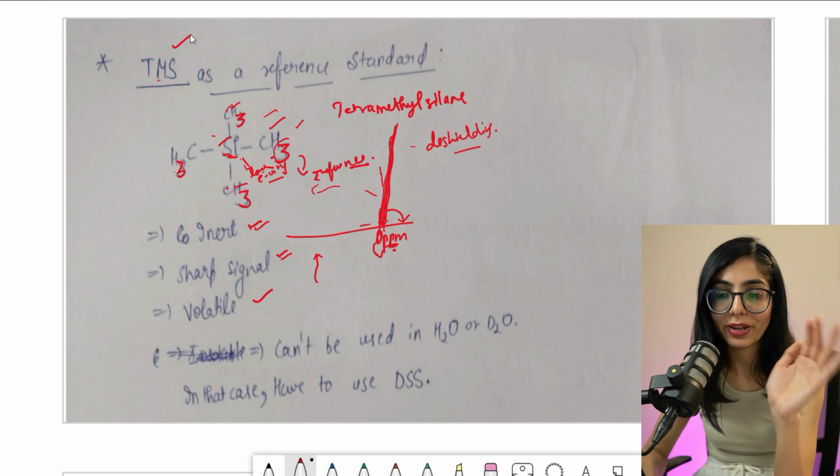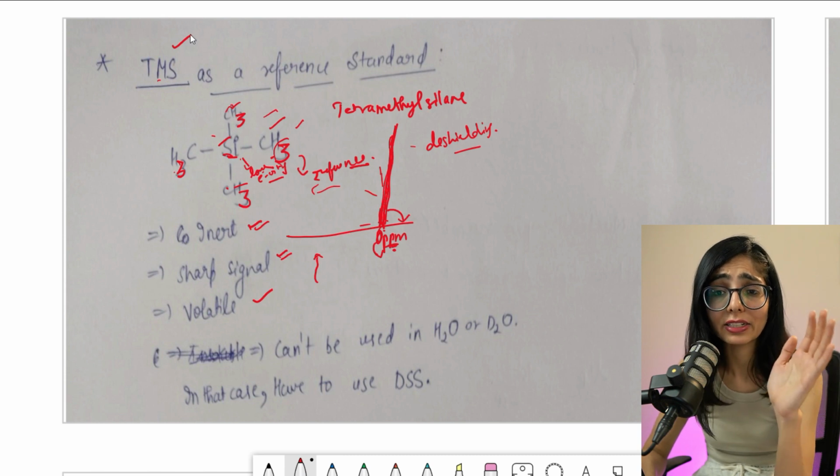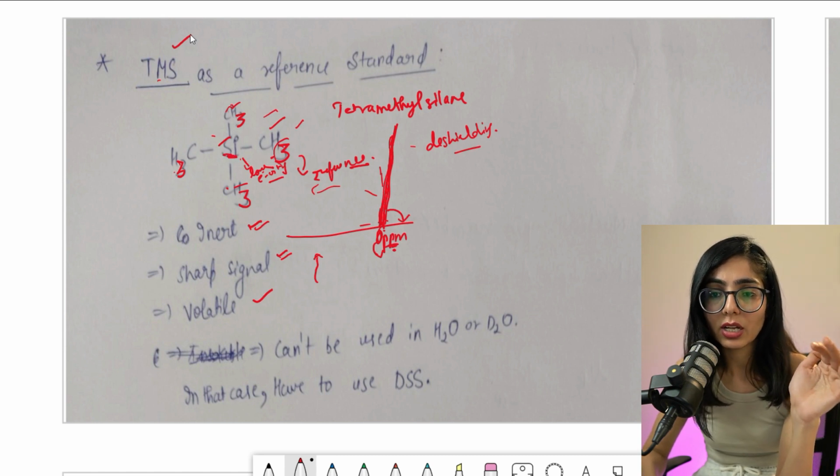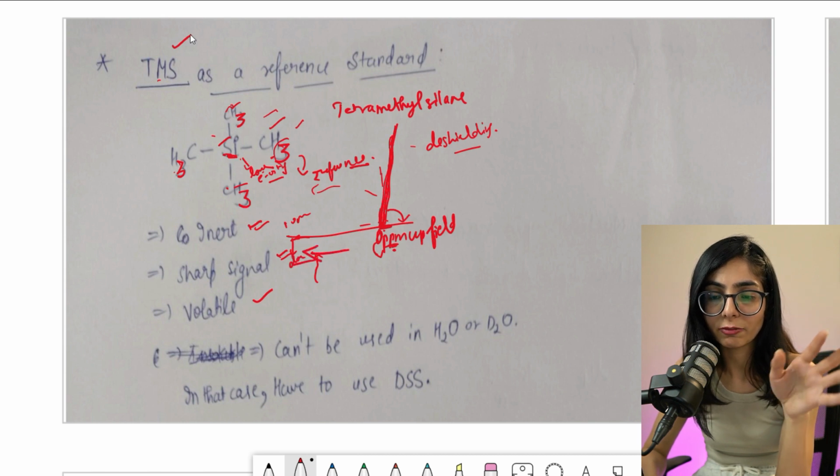So we'll be discussing that later on, but for now, just understand that silicon shields these hydrogens very much, due to which we get a signal at a very upfield region. This is called the upfield region, and over here around 10 ppm, it is called the downfield region. The way you go over here, this is downfield and this is upfield.